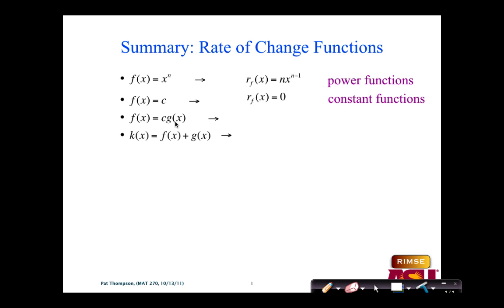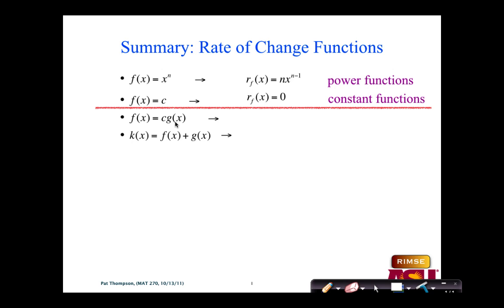So if you have a coefficient that's multiplied onto a function or a term, all that does is scale up or scale down depending on the size of that constant, or even negate if it happens to be a negative number, the rate of change that would otherwise have been there had that constant not been there.